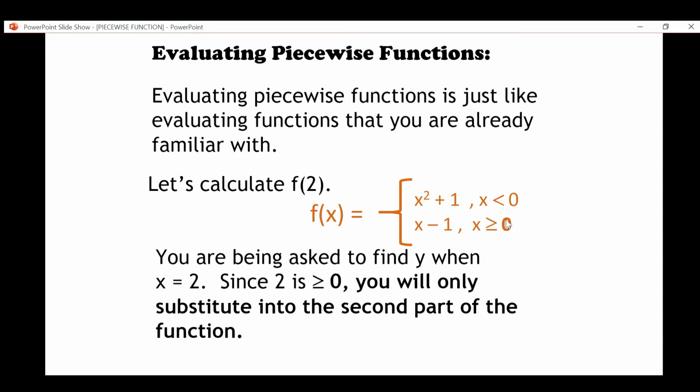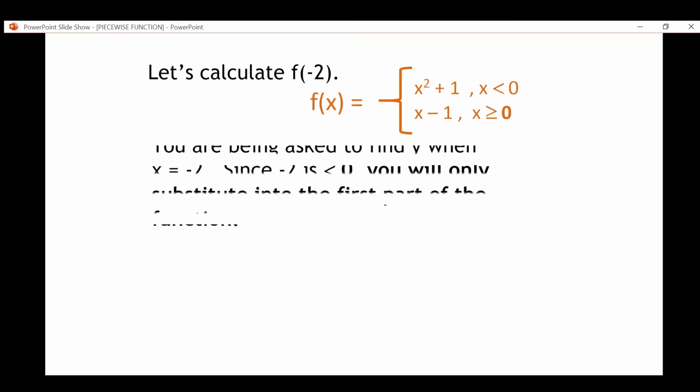Pag na-identify na natin kung saang function mapupunta siya, pwede lang nating i-substitute. So, substitute natin yung 2 dito sa pangalawa kasi dito nakapaloob yung 2. So, 2 minus 1 equals, ano sagot? Ayan. So, 2 minus 1, that is equal to 1. Okay? So, next.